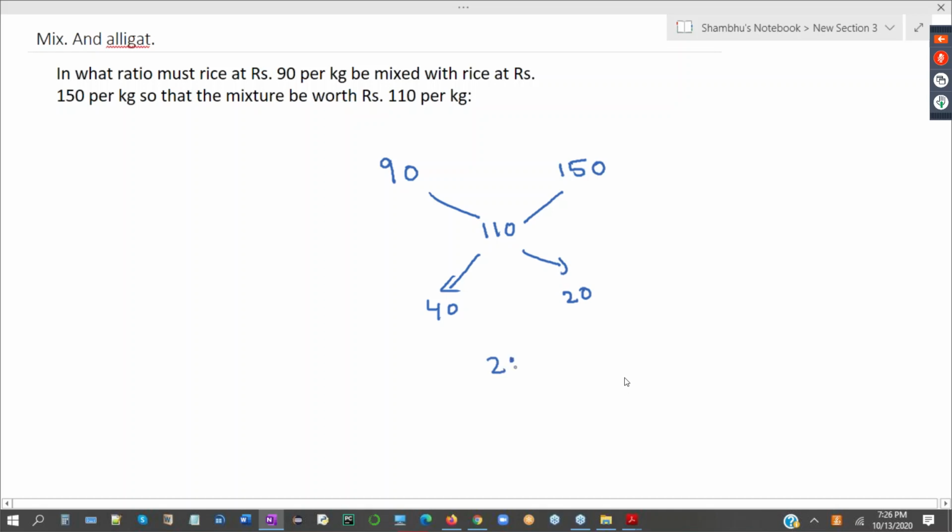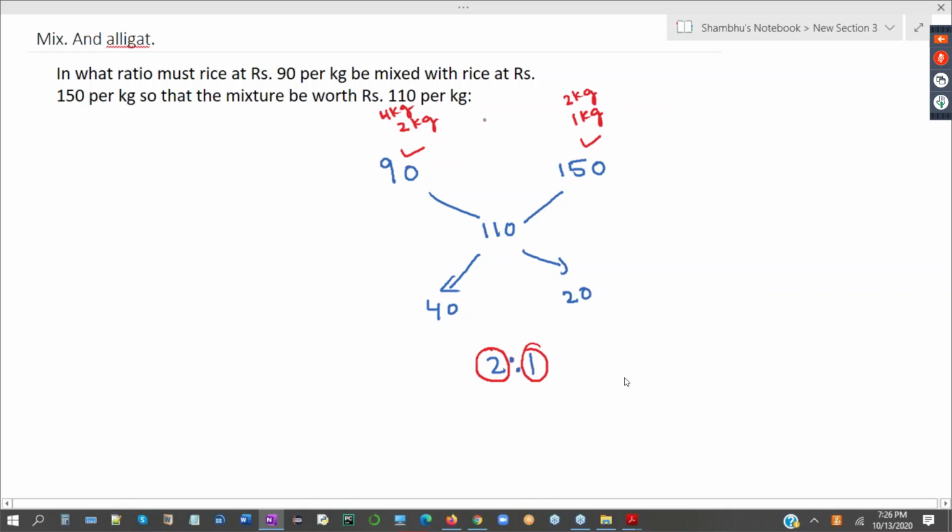20. That is 2:1. It means 2 kg mixed from the first type and 1 kg mixed from the second type. Otherwise, 4 kg from the first type, then 2 kg from the second type.